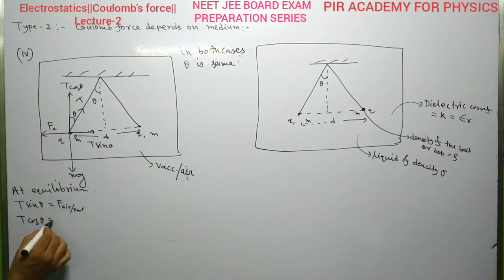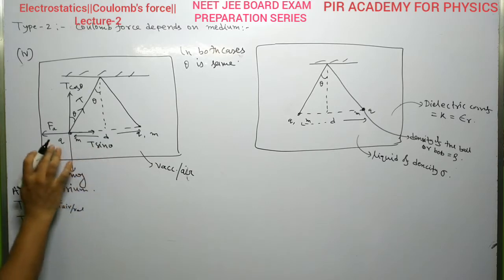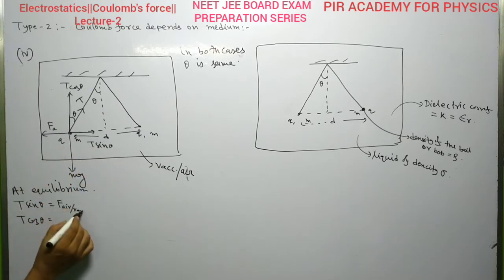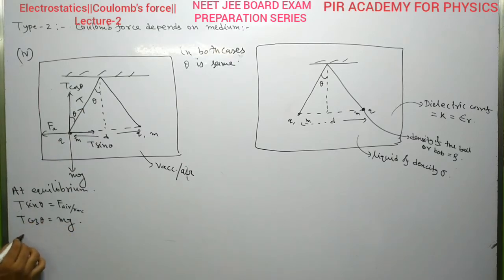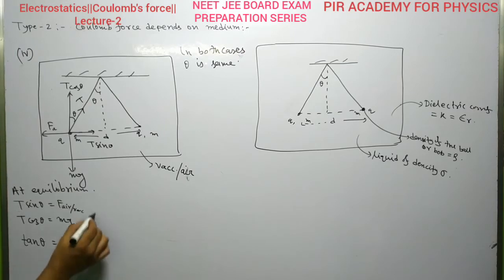That means T sin theta will be F of air or vacuum, and T cos theta will be mg. So tan theta will be F of air or vacuum divided by mg. This is the relationship for this condition.